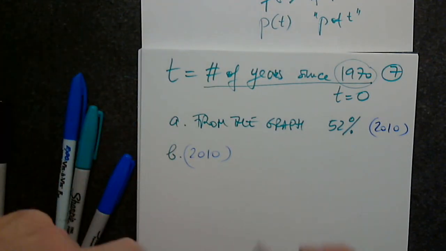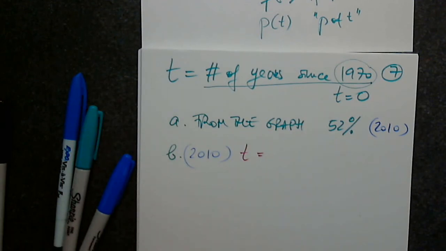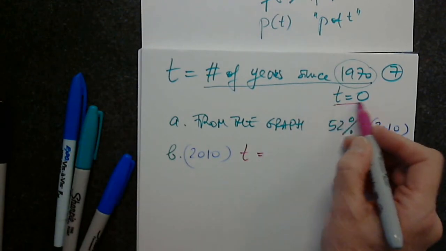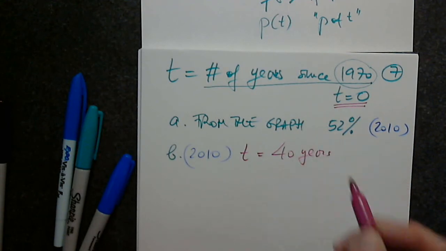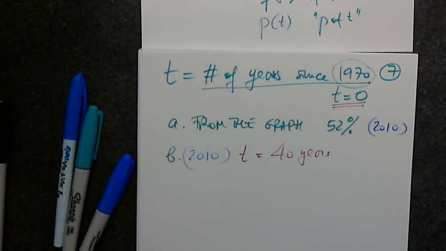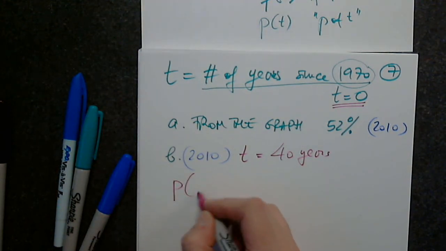T would equal 40. Exactly. Very good. If 1970, that's why we established T equals 0. That's why I tortured you with that, then you smiled, and now you know why. Good. So what do I do now with 40? You just have to put it in. Excellent. Thank you very much, Chris.